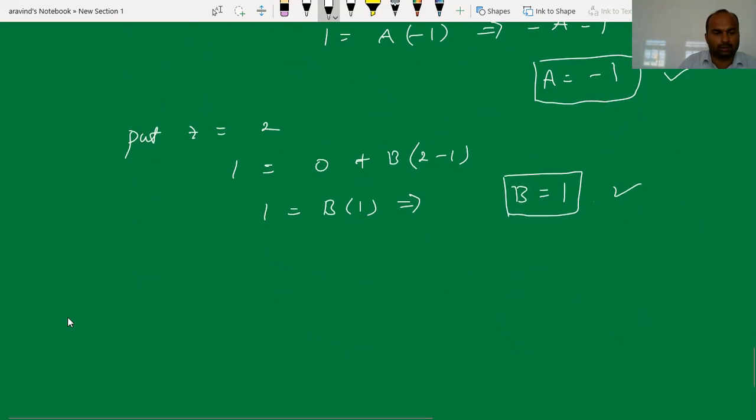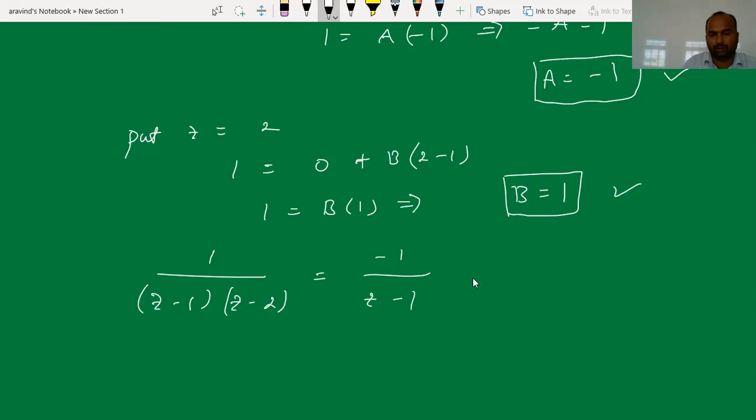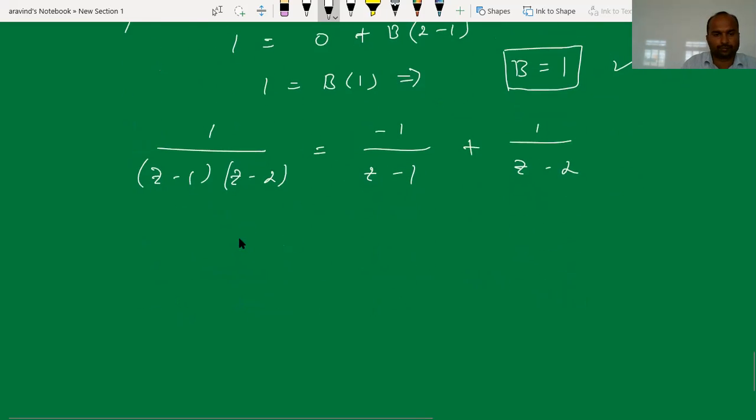So therefore, one more step: 1 by (z minus 1) into (z minus 2) will be a, that means minus 1 by (z minus 1), plus b, 1 by (z minus 2). This is nothing but u bar of z by z.